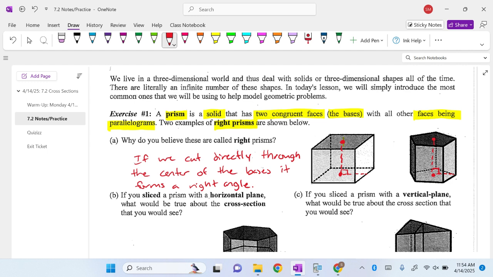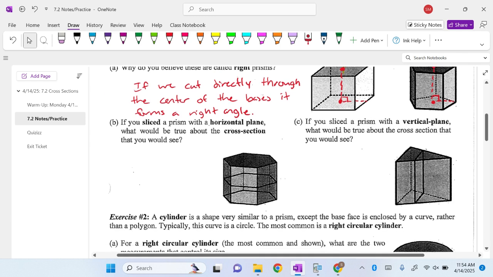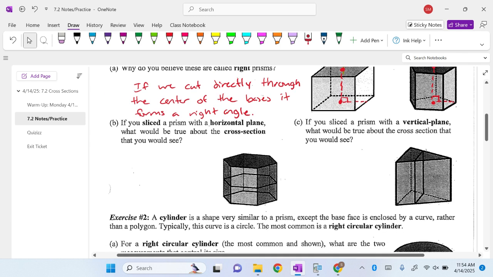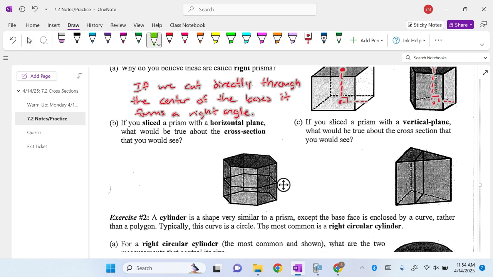All right. Now, if we sliced a prism with a horizontal plane, all right, what would the cross section be? So if we cut, it's a little hard to see, but if we cut right here, all right, we cut it using a horizontal plane. So first off, what shape makes up the faces?